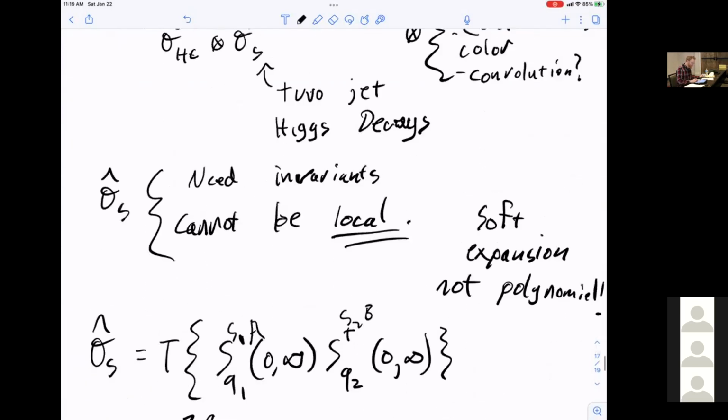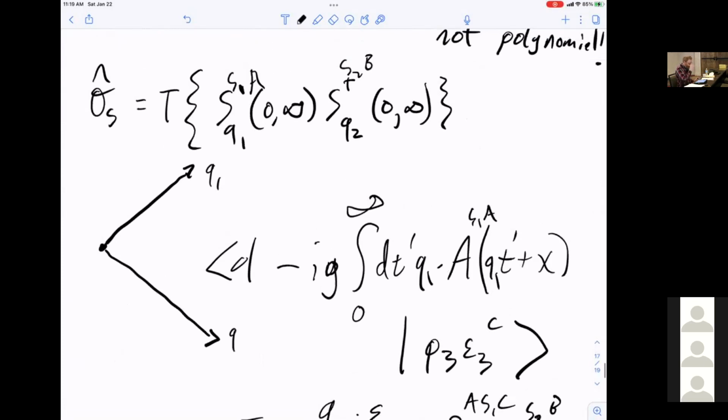Right? And why is that? Well, the physical motivation behind it is that I have my hard gluon on Q1 going off in the Q1 direction. I have my other hard gluon going off in the Q2 direction. And as it goes, it's going to brem off soft radiation. The soft radiation, since it's weak, is not going to change the path of my hard gluon at all.